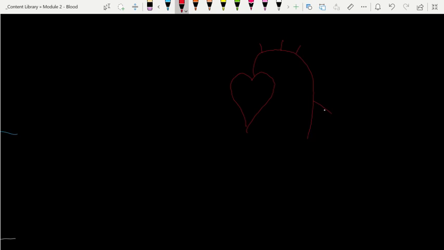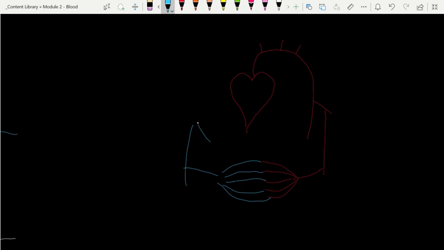Eventually, we're going to branch again, and then we come to this arteriole, and then we have this capillary bed, and that's just what we looked at, right? Here's our capillary bed. And then we're going to return through a venule, pick up a couple of veins coming in, and now we're back to the heart through the vena cava.